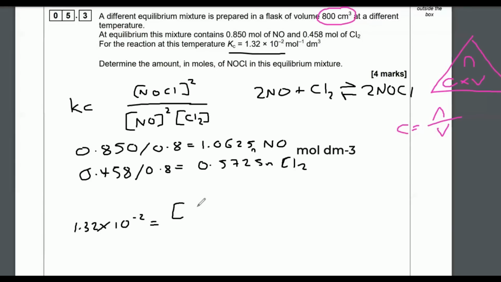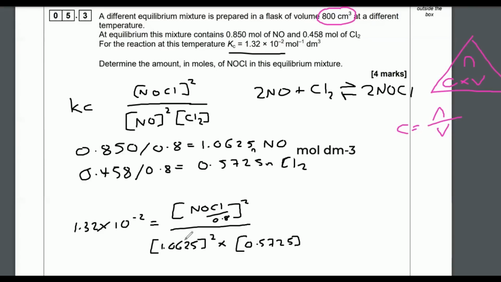Okay, so let's set this all out as the Kc expression. So we want to do Kc is 1.32 times 10 to the minus 2. I know that is equal to the products, NOCl, which we don't know the moles of yet, over 0.8, squared. And that is over the top of the reactants, which is 1.0625 squared times 0.5725.